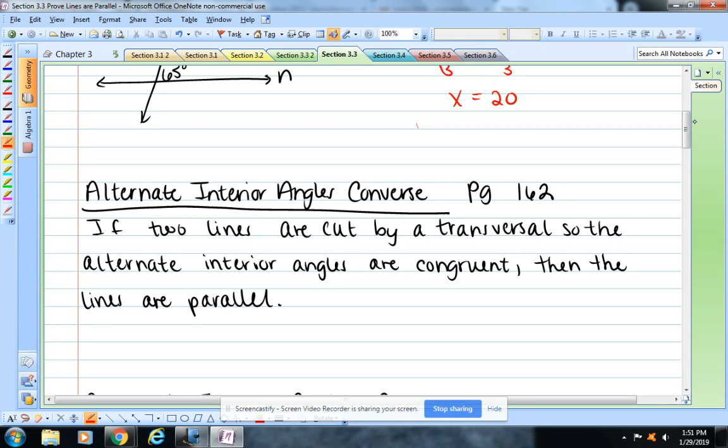So converse theorem, remember, reverses the order. So it says if two lines are cut by a transversal so that the alternate interior angles are congruent, then the lines are parallel. So converse angle pair relationship theorems are telling me that the lines are parallel. So I'm going to be using these later to prove lines are parallel. Okay, so we're all building up to parallel proofs.